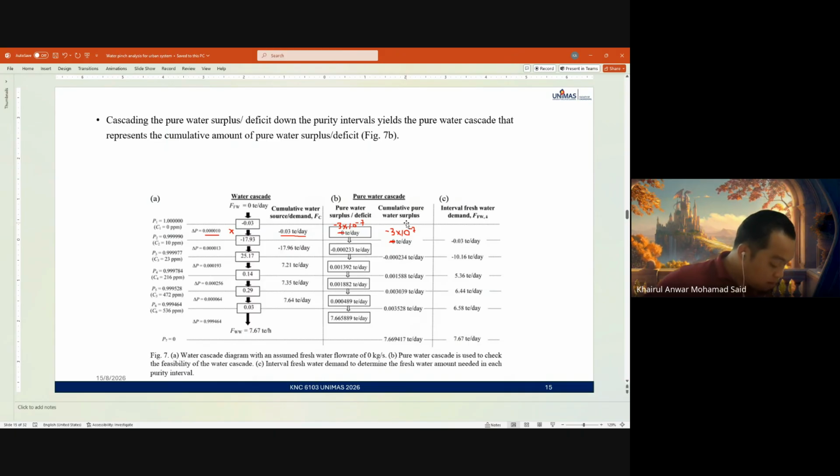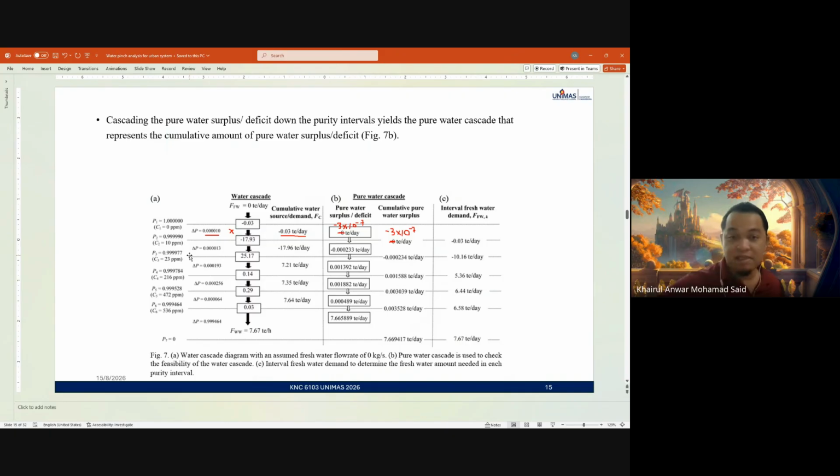This is the quality of fresh water, which does not change, so it is always 1 minus PK.